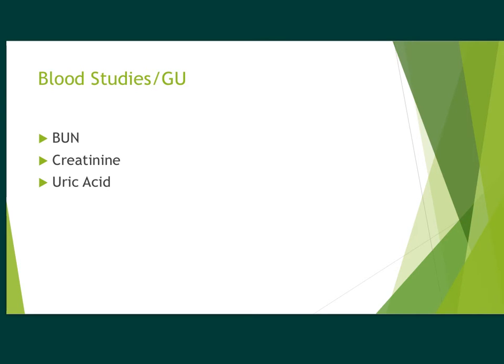And just be aware there are certain things that would cause this to be off: fever, a bleed, a trauma, excessive muscle breakdown, steroid therapy. Also, we want to look at the creatinine. It is considered to be more reliable than the BUN, and it is an end product of muscle and protein metabolism. Again, you need to know the norm, 0.6 to 1.3.